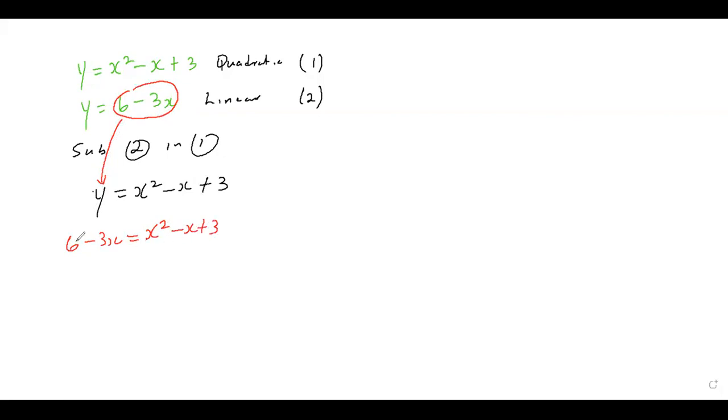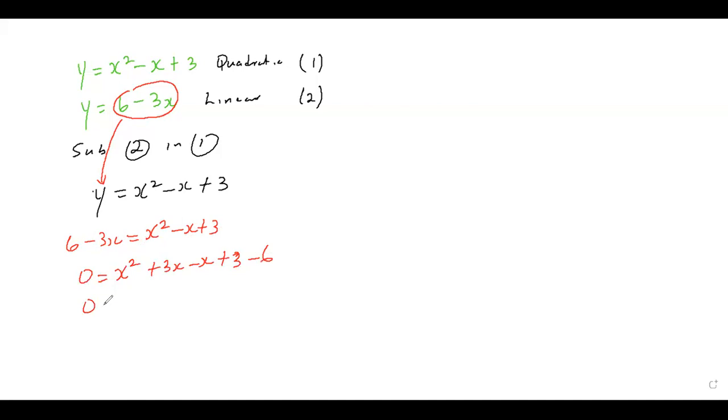Then I need to solve, so I need to equal all this to 0. I would say that 0 is equal to x squared, then I move the negative 3x, we get positive 3x minus the x here, plus the 3 here minus 6.